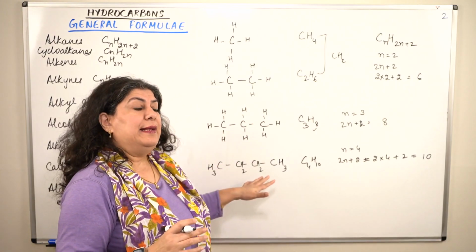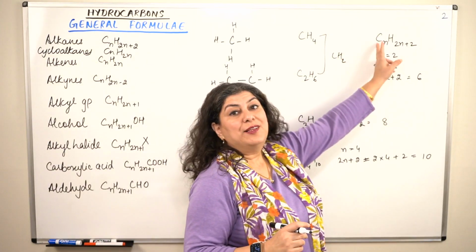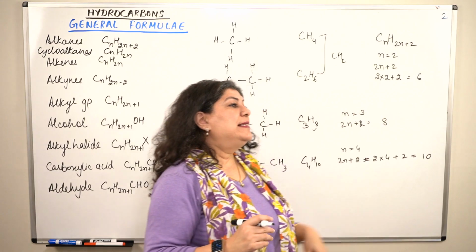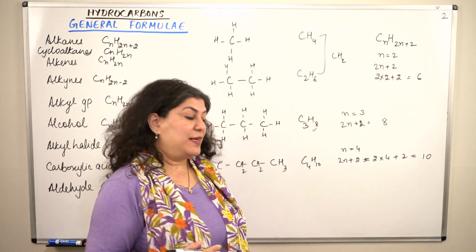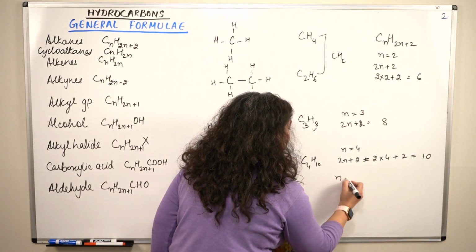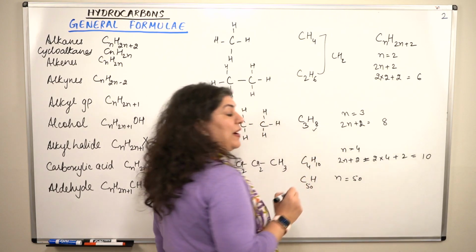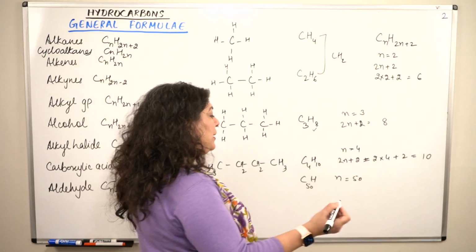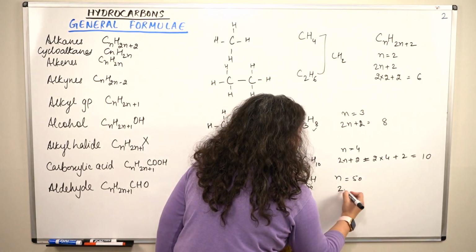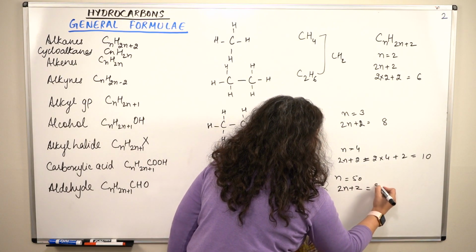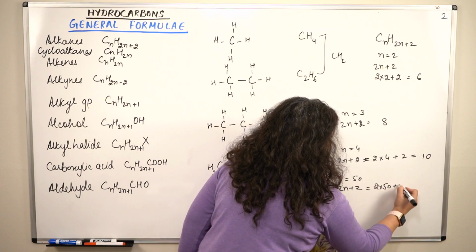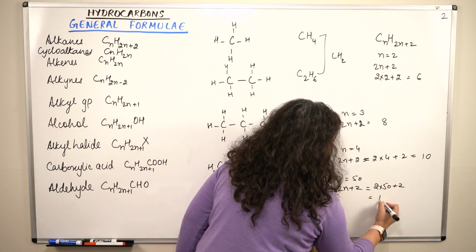All alkanes can be represented by this formula. Let us say there is an alkane which has 50 carbon atoms. So the value of n is equal to 50, C50. Then what will be the number of hydrogens in this alkane? You can easily calculate. 2n plus 2 will be equal to 2 into 50 plus 2, which is 100 plus 2, which is 102.